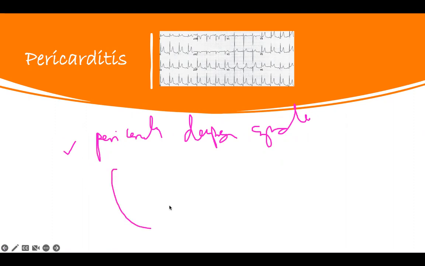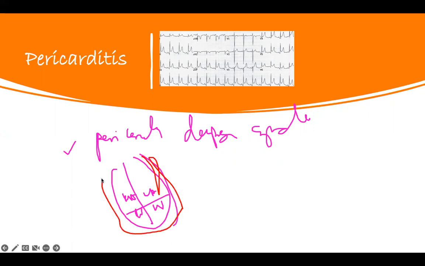If this is the heart here, the right atrium, right ventricle, left atrium, left ventricle, and there's fluid here around the heart, squeezing it from working, and the patient has pericardial effusion.